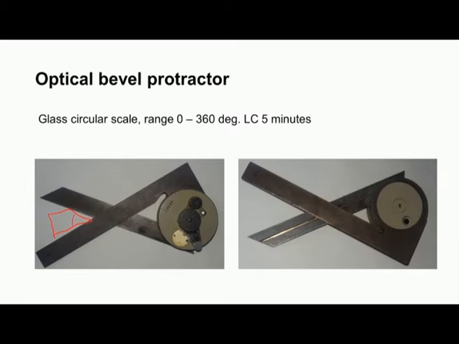So, this surface should contact with this blade, and the other surface should contact the other blade, and then we should establish intimate contact between the surfaces, and then by operating this lever we can clamp it. We can clamp the blades, and then we can remove the protractor from the workpiece, and then by peeping through this peeping hole we can read the scale.